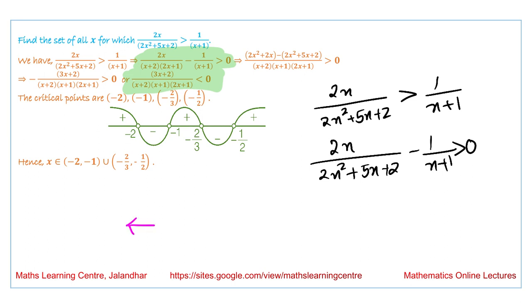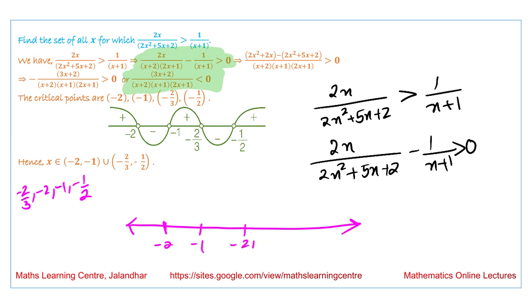If we plot the points, the critical points we have are -2, -1, -2 by 3 and -1 by 2. The powers we have are 1. So we start from a positive point, x is positive, and we get the curve in this way.